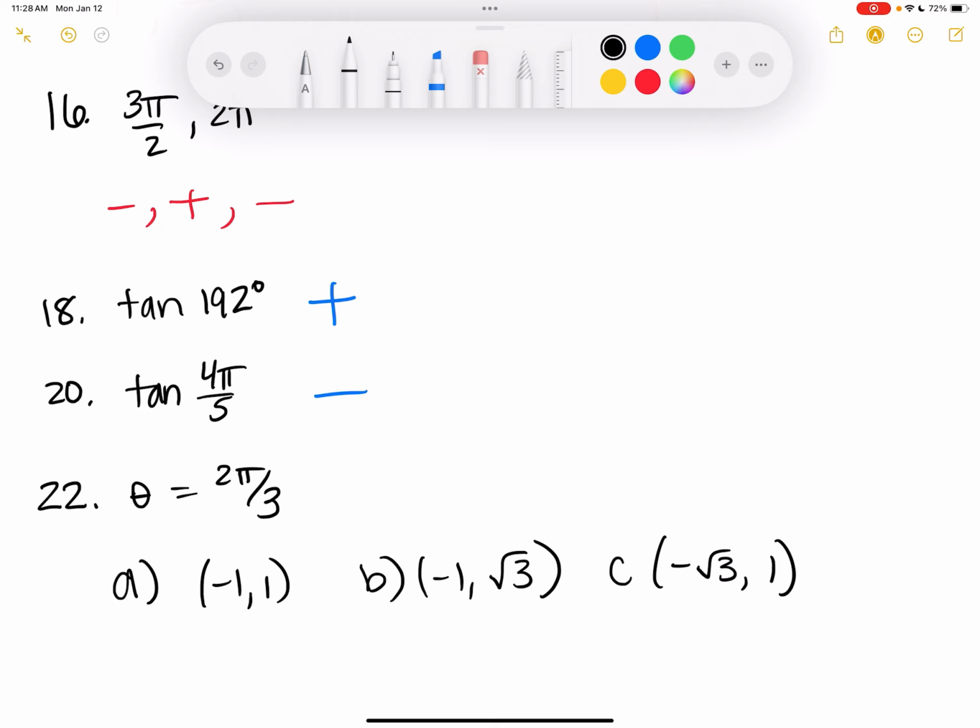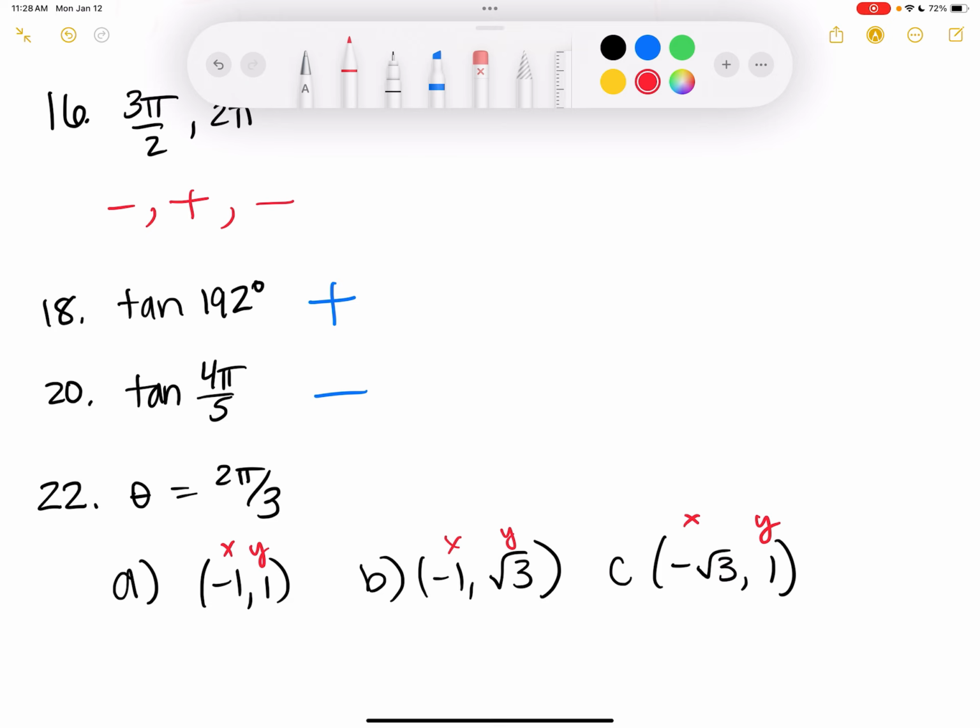So essentially I'm looking at equivalent values here. Based on what I'm given, I'm going to be looking at the tangent values, y over x.